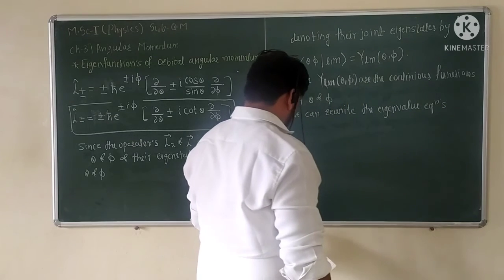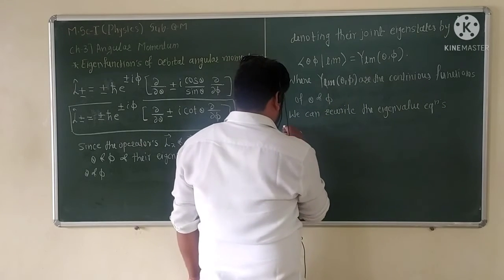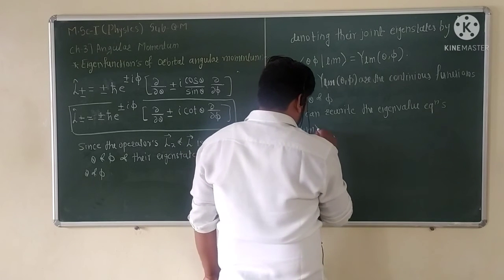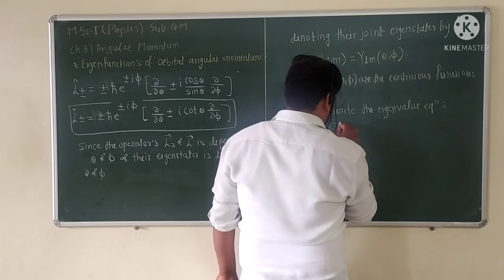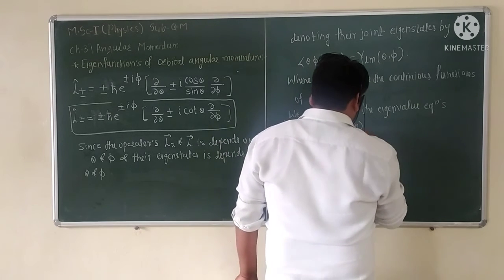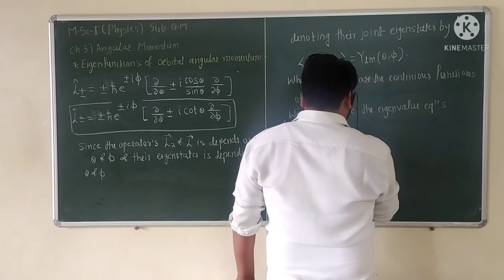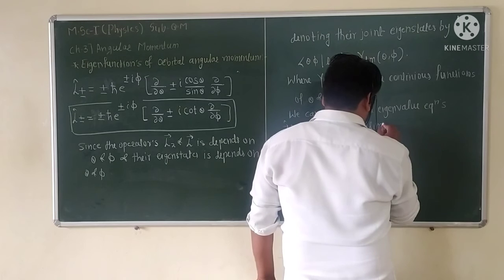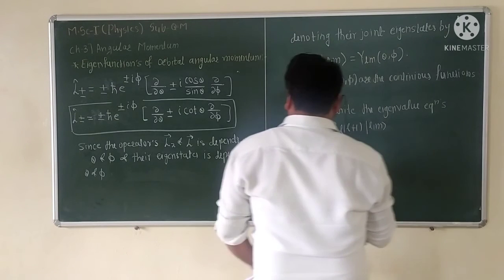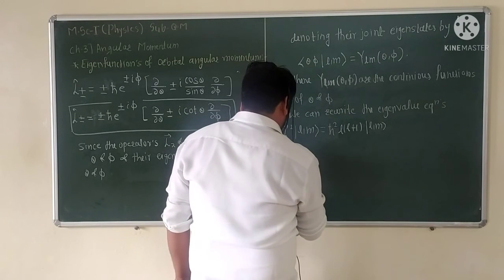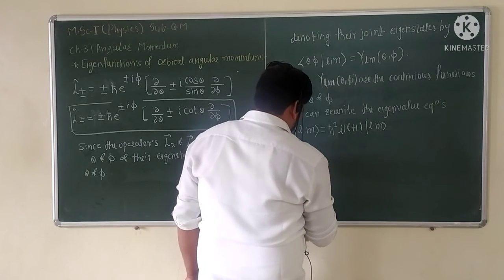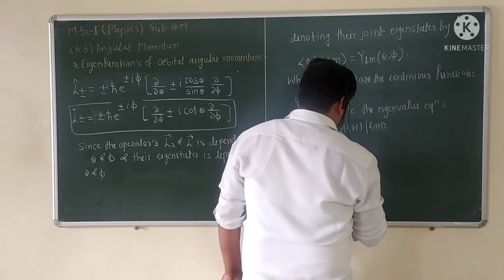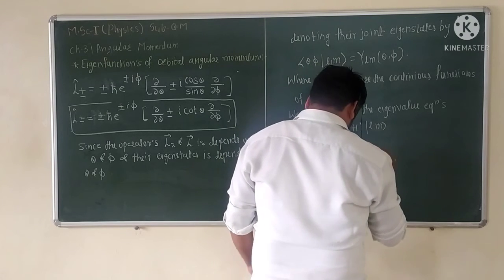L square of L comma m is h cross square L into L plus 1 of L comma m, and Lz of L comma m is equal to h cross m into L comma m.